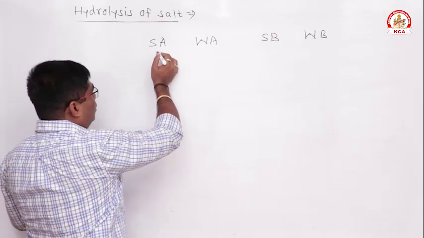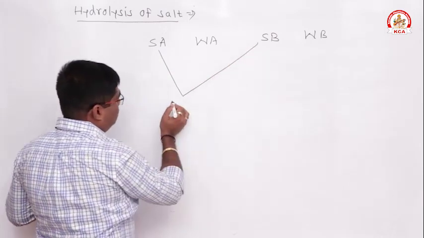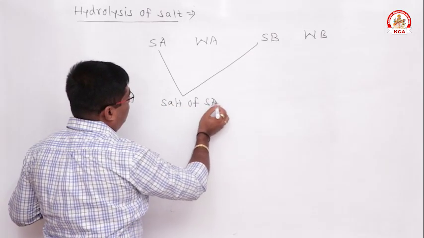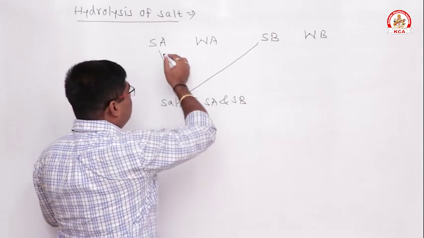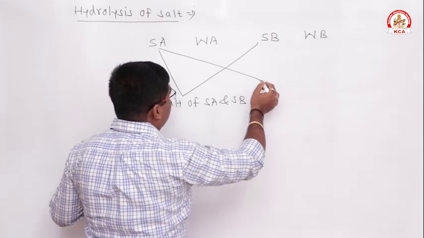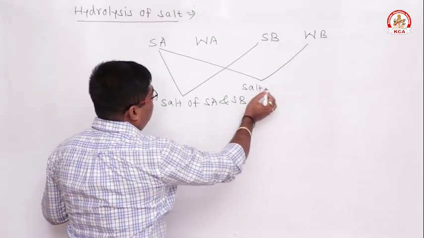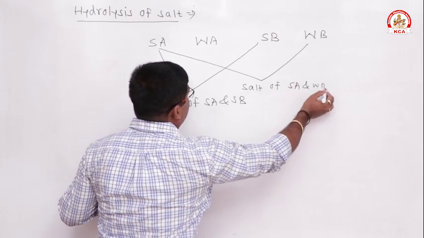When strong acid reacts with strong base, it gives the salt of strong acid and strong base. Then strong acid reacts with weak base, it gives the salt of strong acid and weak base.